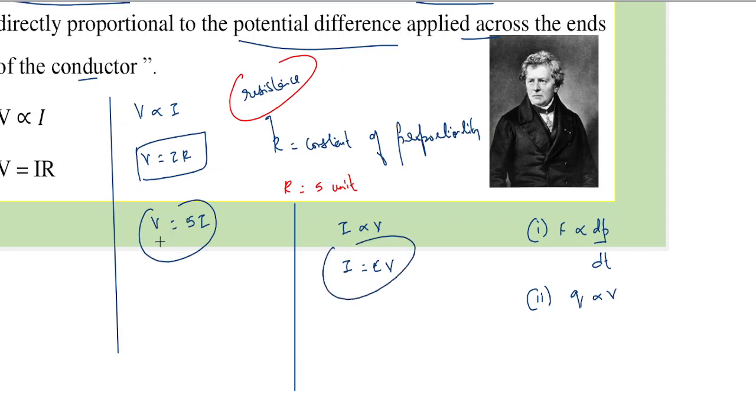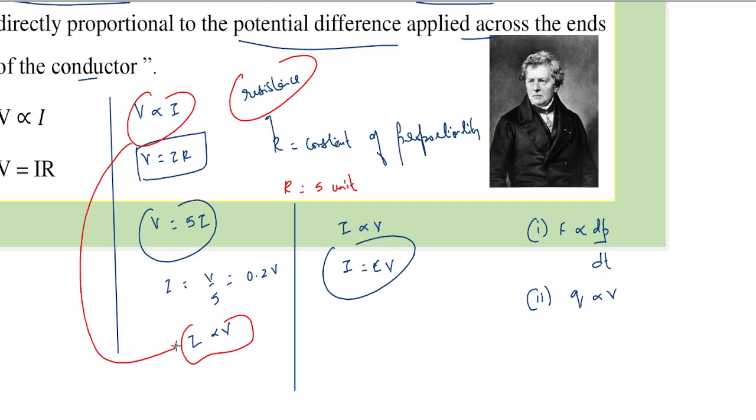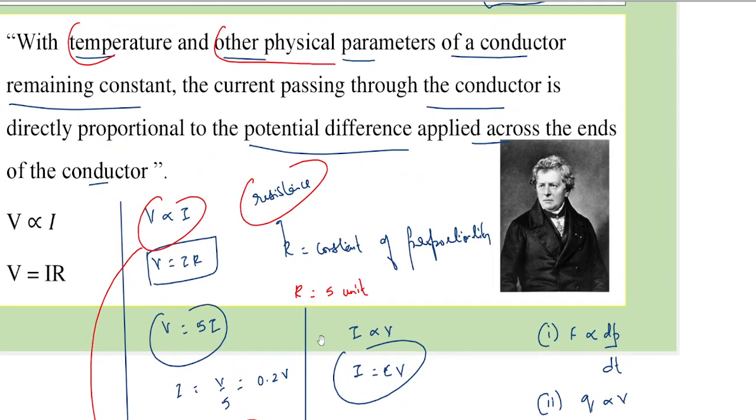If we bring this 5 down, then we get I is equal to V by 5. But 1 by 5 is 0.2, so it becomes 0.2 into V. So from this alone, we can say I is proportional to V, which means starting from here, we can arrive at this form, and these two are correct mathematically, but not correct physically. So remember this point also, as to how it is written.